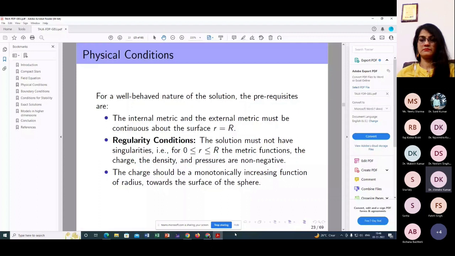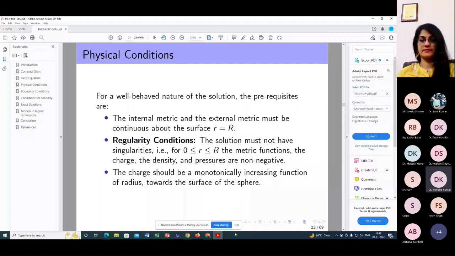Some authors consider negative pressure also, because pressure can be negative, and such models are available. But most have considered only positive pressures, so we are also considering that pressure must be positive, and density must be positive.